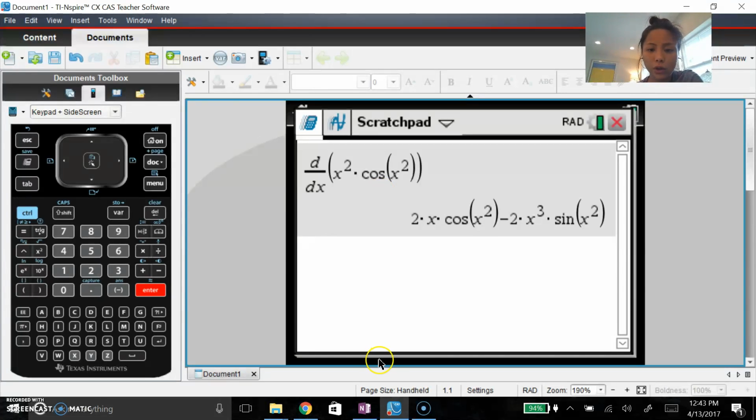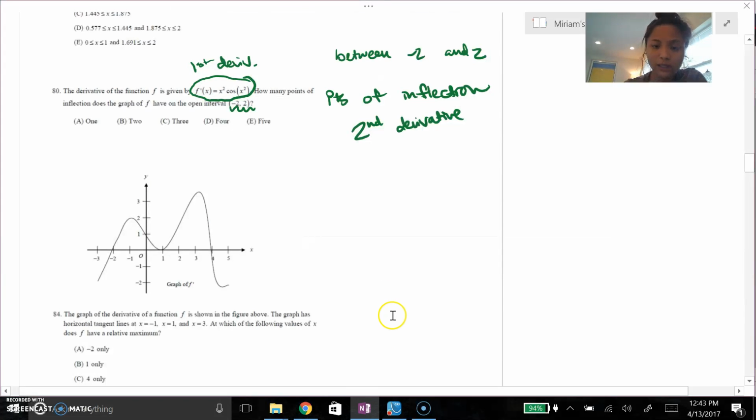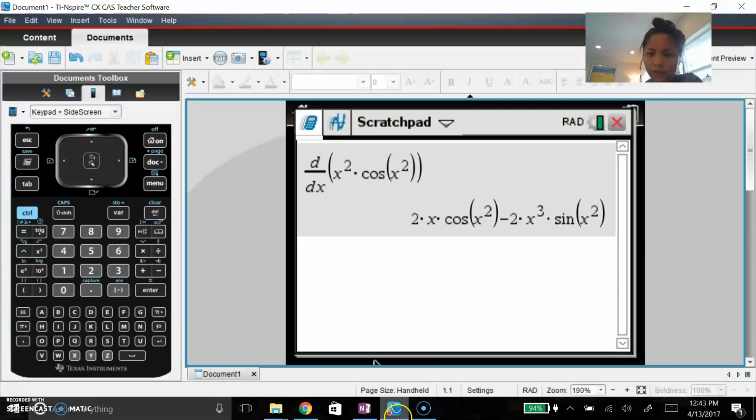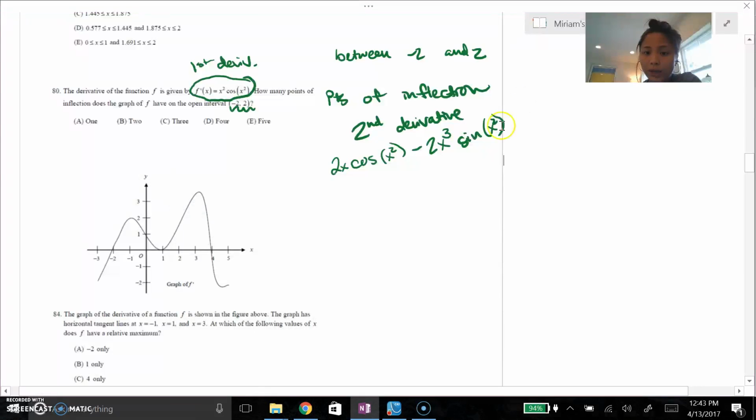Okay, so let me write down that derivative. The second derivative is 2x cosine x squared minus 2x to the third sine x squared. Let me just double check. Okay, so now we have the second derivative.